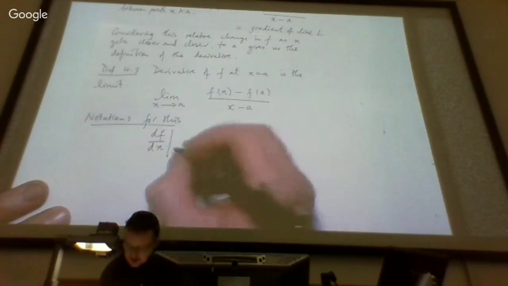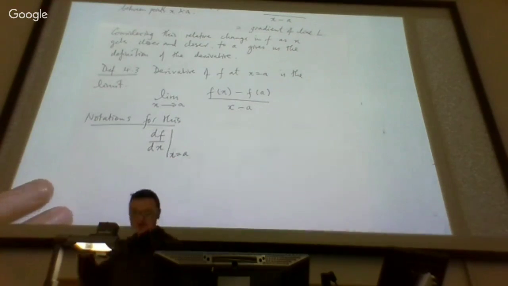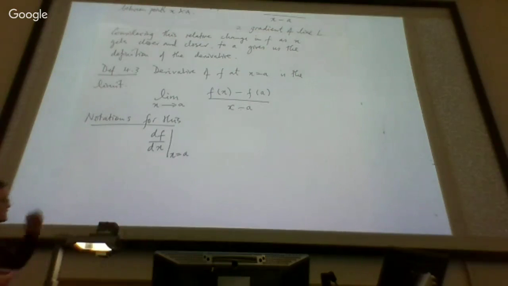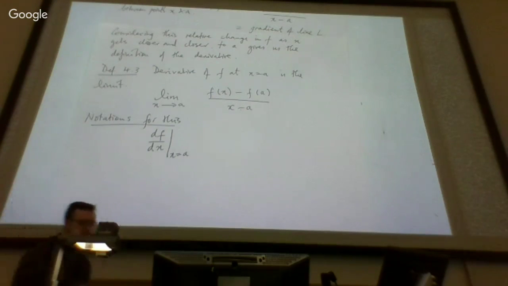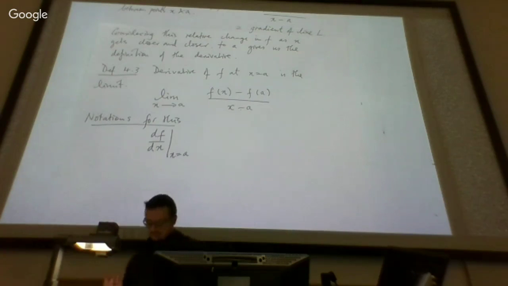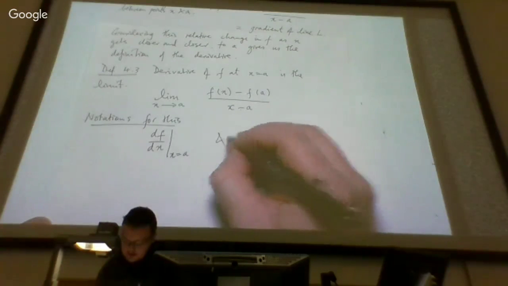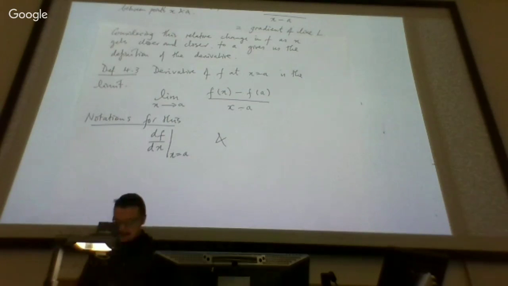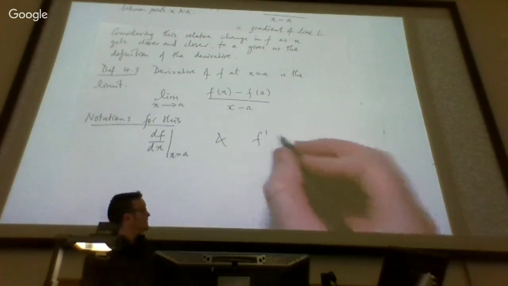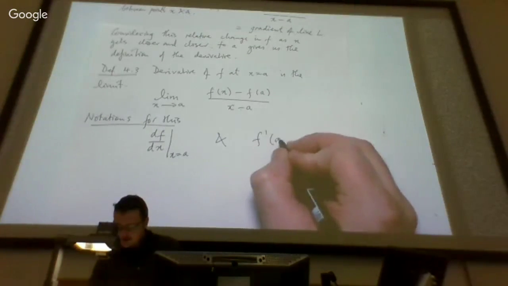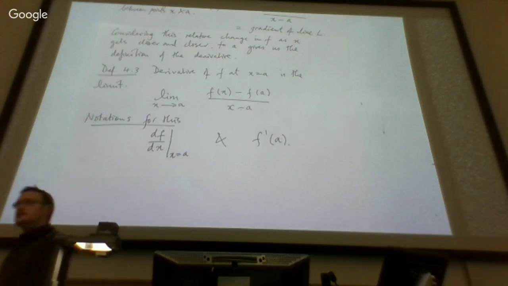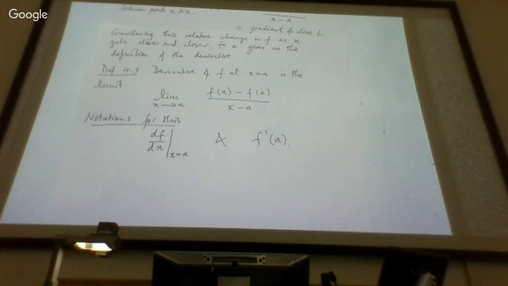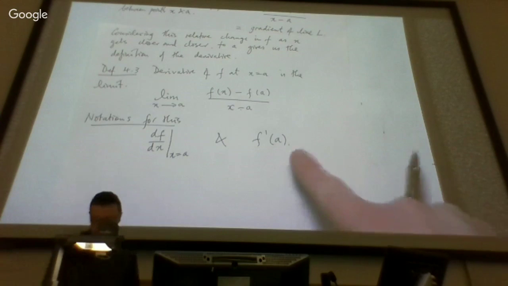And you might also put an evaluation line beside it, a subscript there, to say that we're talking about the derivative of the function at this specific point, x equals a. But another common notation, a more compact notation, is the dash notation, where you just have the function letter with a small dash beside it, and you also indicate the position where you're taking the derivative, as being at the point a.